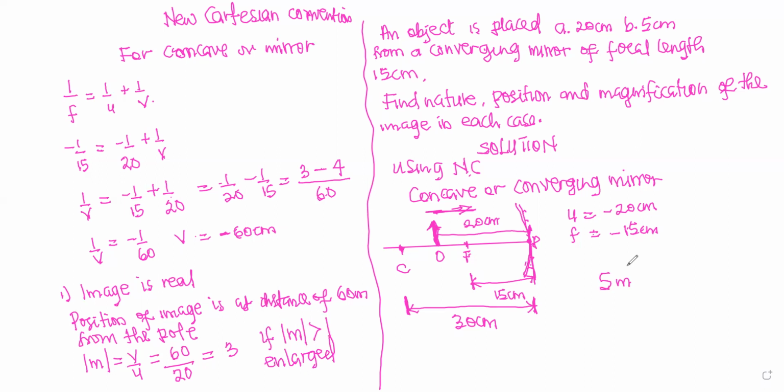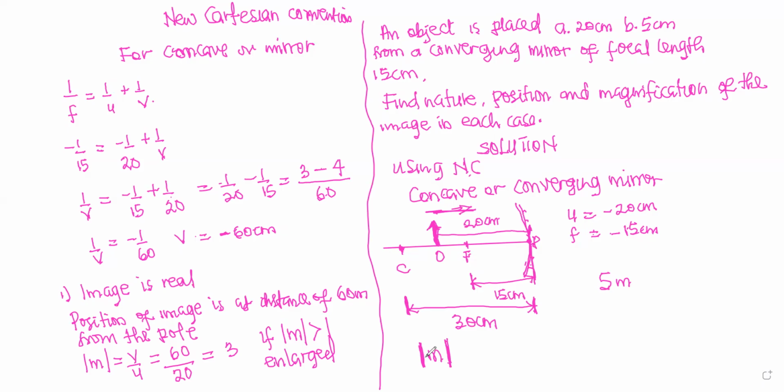Please, why is the V used here 60 rather than negative 60? You see, we are considering magnitude. This symbol M means that we are looking for numbers, not the negative. The negative simply means image is located in front of the mirror.